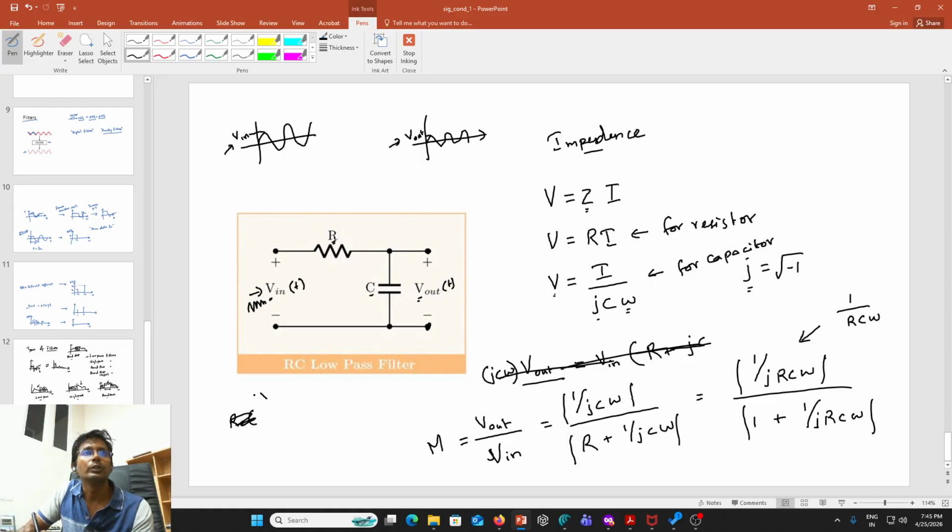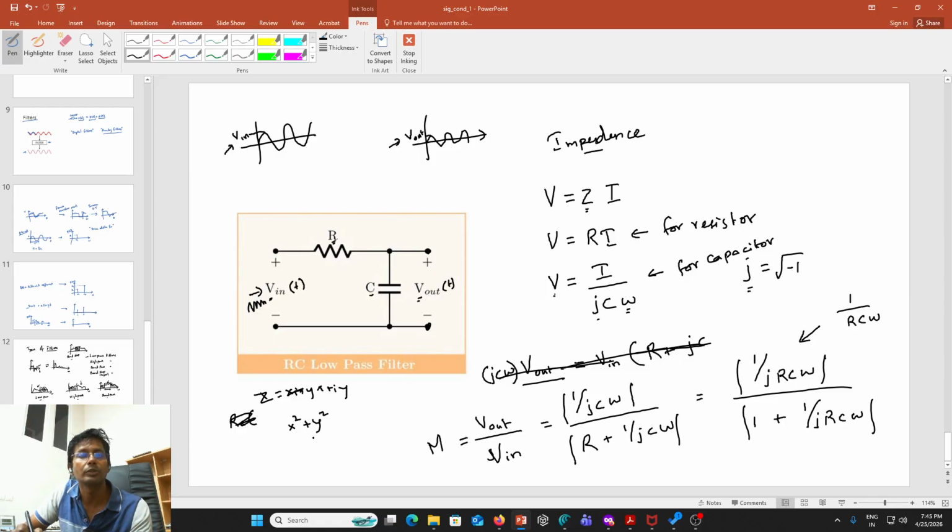So say z is equal to x plus iy, then what's the modulus? It's x square minus y square. Sorry, x square plus y square.